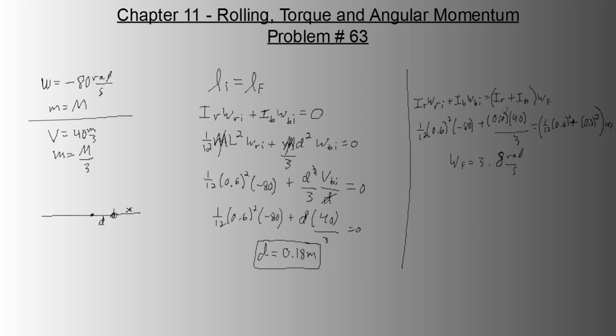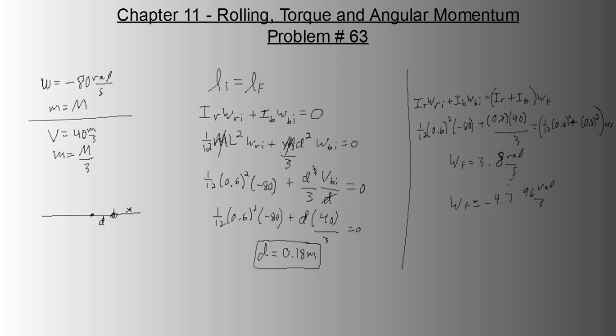Likewise, if you had put something less than 0.18, so I did 0.16 in here, leave everything the same except for here 0.16, here 0.16, and you get omega final equals negative 4.796 radians per second. So negative is counterclockwise.